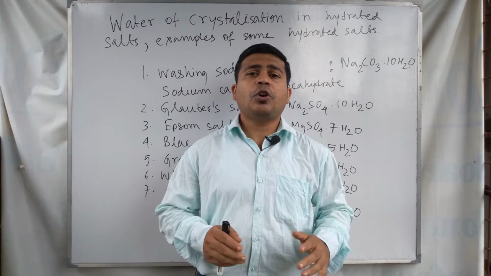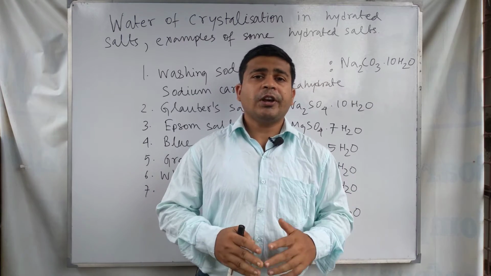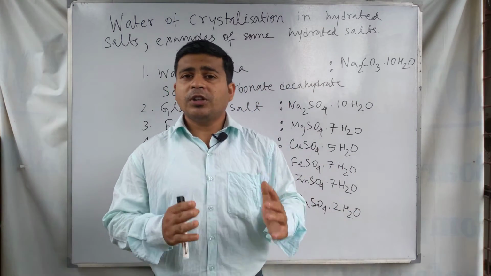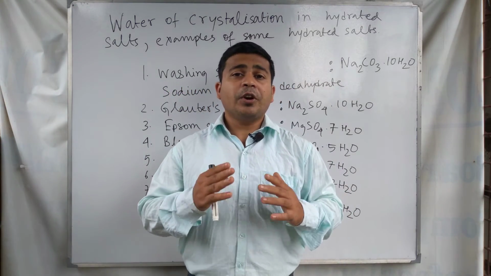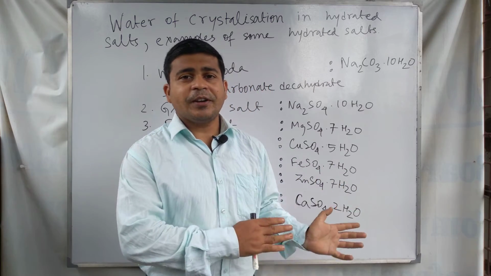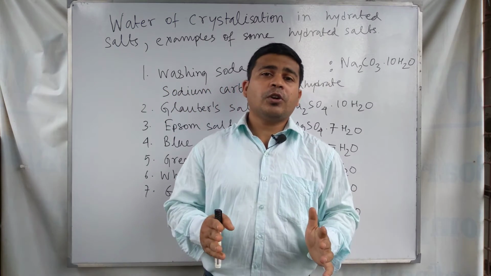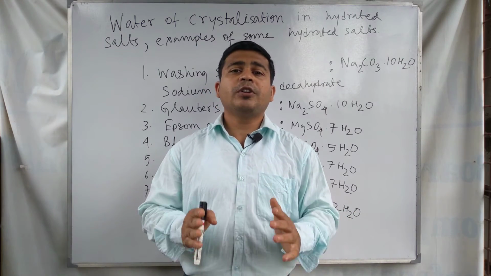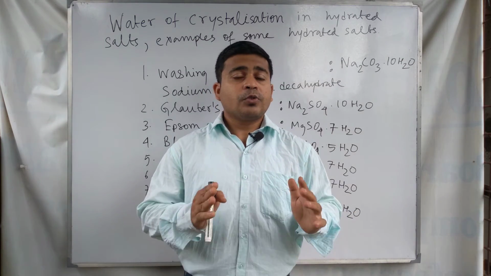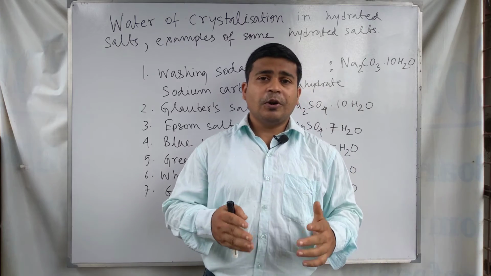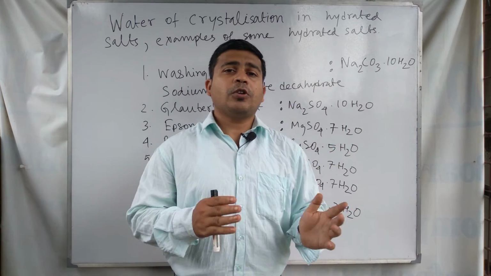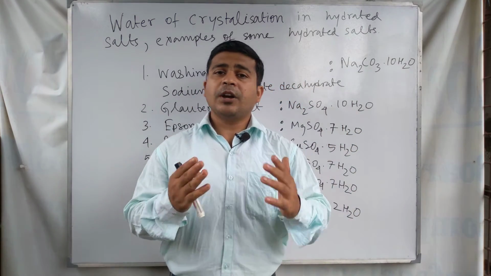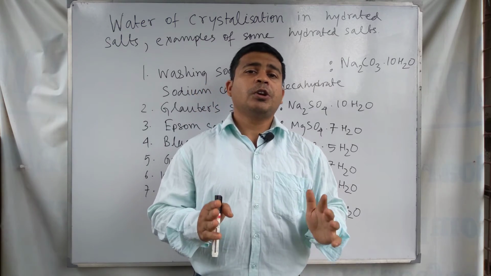Some salts lose their water of crystallization fully or partially on keeping at room temperature, and on heating these hydrated salts, they lose their water of crystallization, because this water of crystallization is loosely bonded by chemical bonding. So by heating these salts, they lose their water of crystallization and they become anhydrous salt forms.